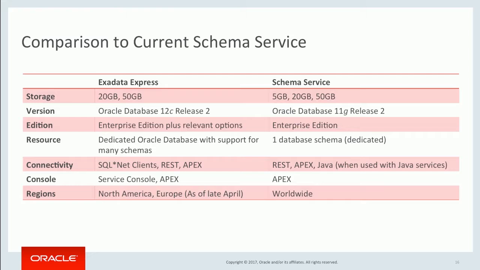You can only access through REST or Apex or the Java service if you buy one of those. But one of the key differentiators as well is that in the schema service, you could only ever have one schema. And we're going to show that in this service, you can create as many schemas as you want. And someone's going to ask a question that I'll get to in the futures about, well, what about multiple workspaces? It's my own PDB. That may be coming, but you've got to hold on.